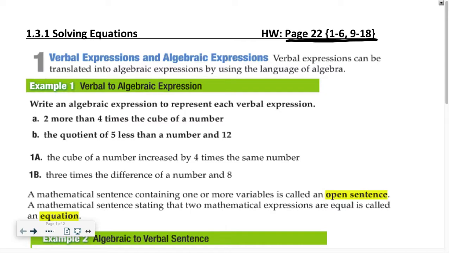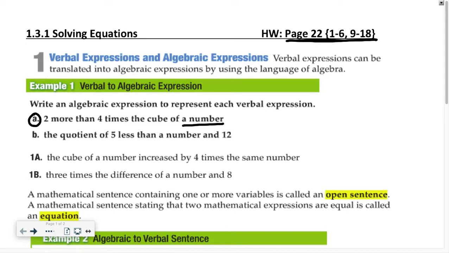All right? And so we're going to use those to take a sentence like we see here in part A, 2 more than 4 times the cube of a number, and write what that looks like using algebra. Anytime you see "a number," and you're going to see it a lot in these next few problems, that means we have to define a variable.